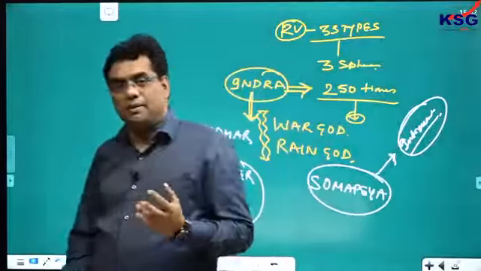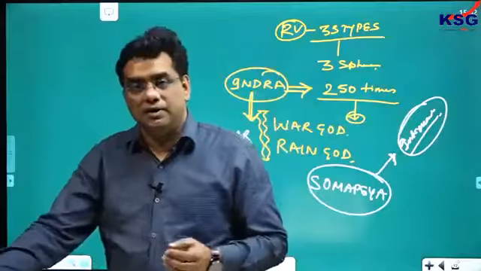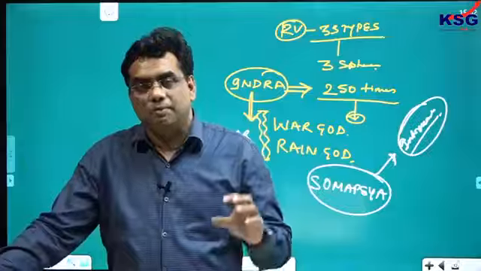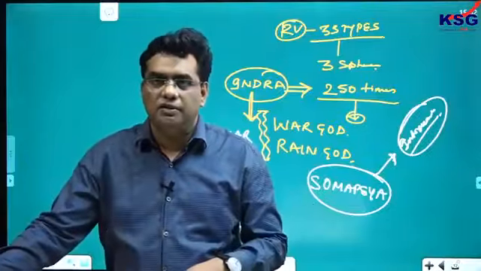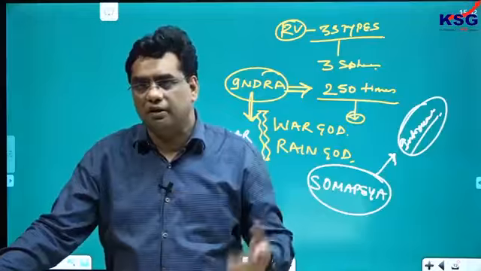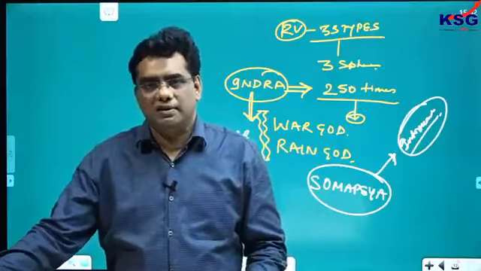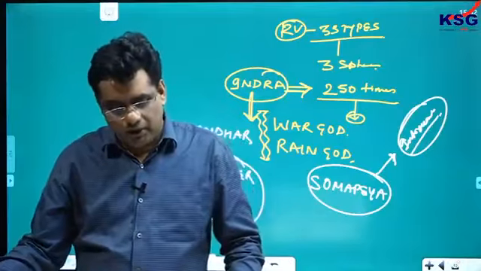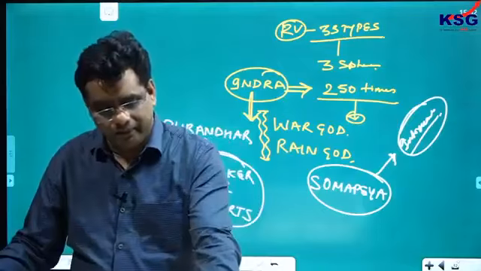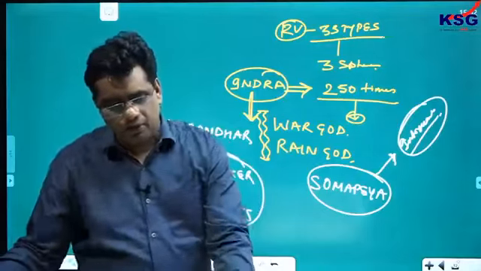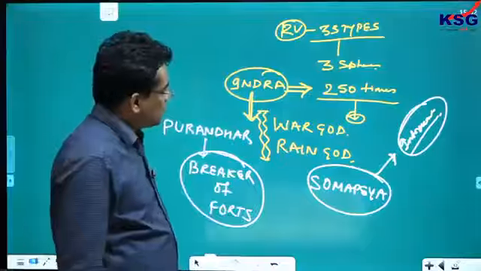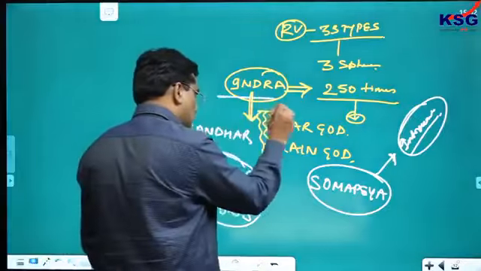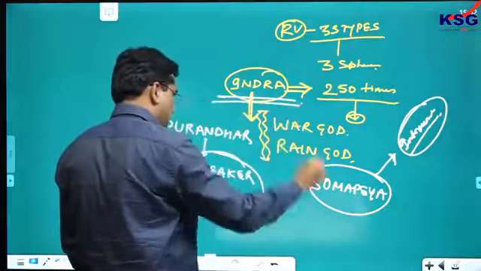I told you this is a place, a peak in the Himalayas where there is a plant, and that plant was squeezed, and then Indra drank that plant, an intoxicating feeling, and thereafter destroyed the non-Aryans. So Indra is the highest god of the Aryans.